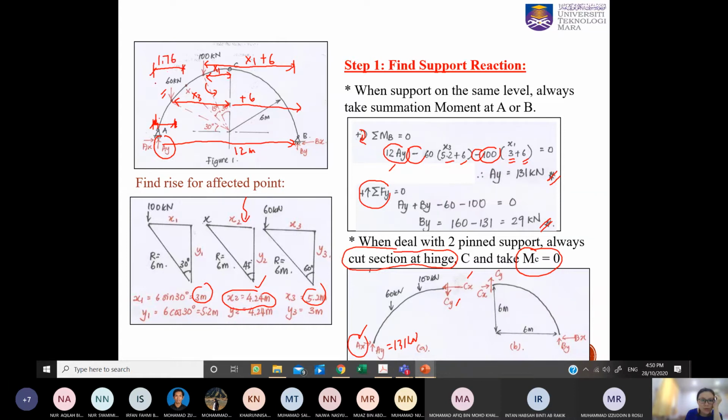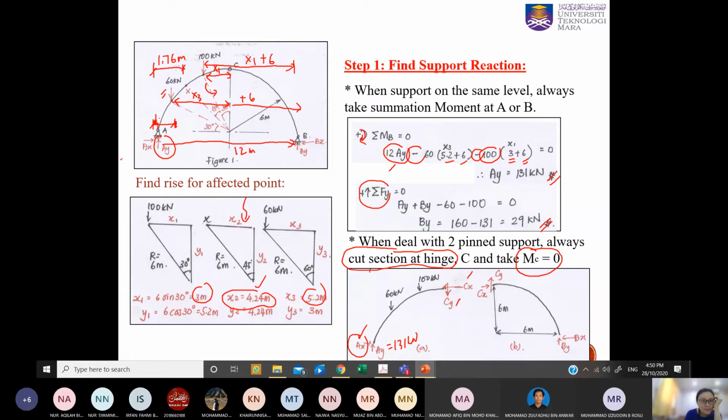So how do you know that this is 1.76 meter, class? Minus. Sorry? 6 minus the length. 6 minus what?